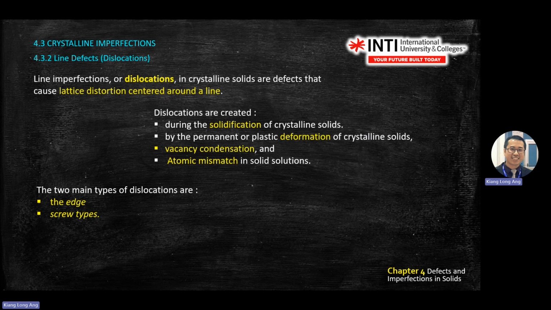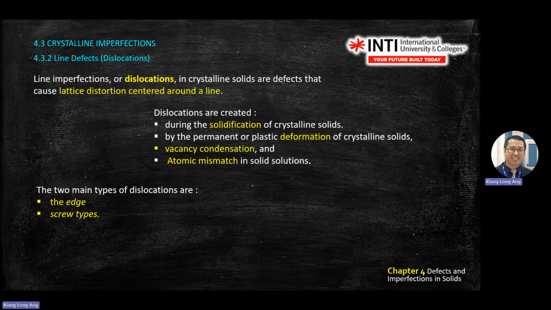In the textbook it is called lattice distortion centered around a line, which means the hole is along the line. They are created by solidification, plastic deformation, vacancy condensation, and atomic mismatch in the solid.